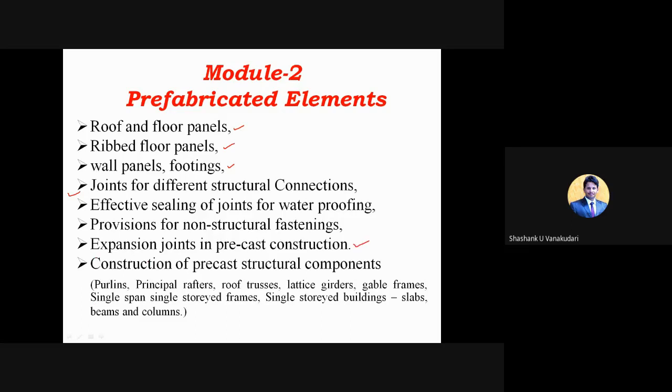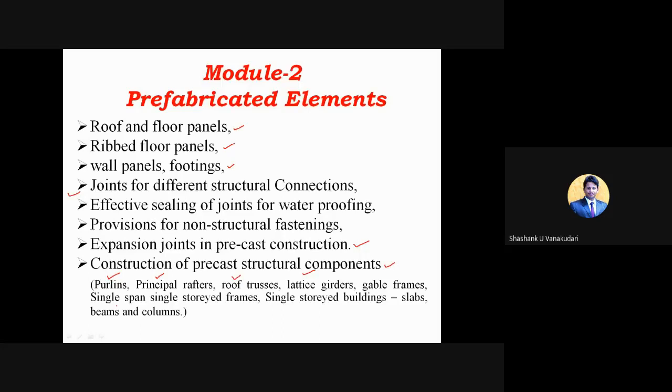And then construction of precast structural components, which are the different methods, and which are the different elements we need to construct. In that, so many components are there: purlins, principal rafters, roof trusses, lattice girders, gable frames, single span, single storied frames, and then single storied buildings, slabs, beams, and columns.